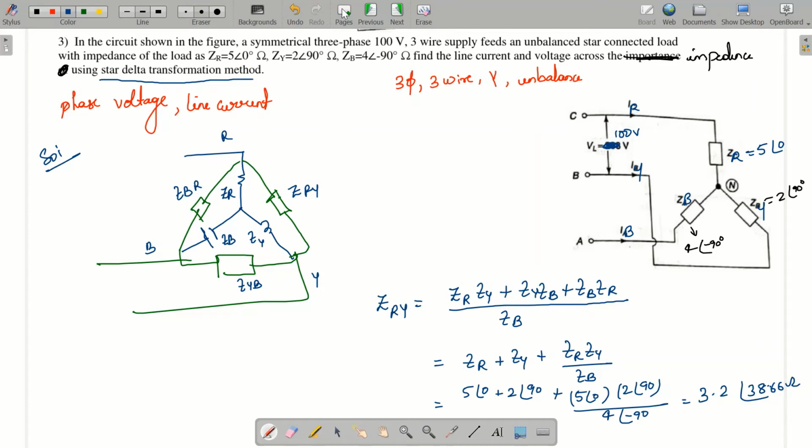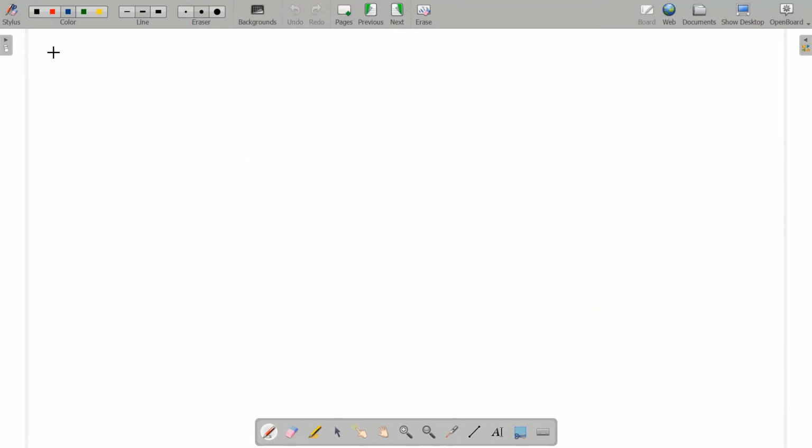Similarly, we can write ZYB equals ZY plus ZB plus ZY ZB divided by ZR, which is equal to 2.56 at an angle of minus 51.34 degrees.